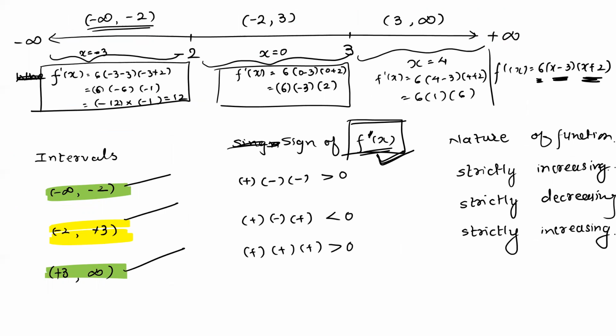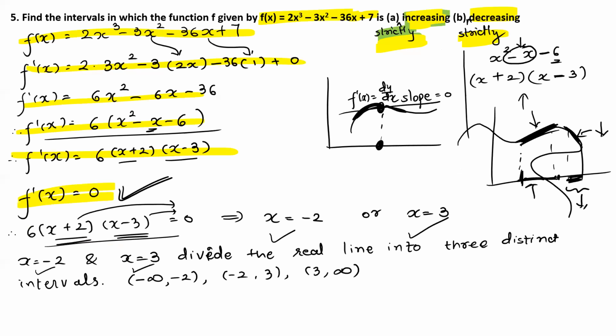If f'(x) is negative, your function is strictly decreasing. But if it is greater than or equal to 0, or less than or equal to 0, then it is only increasing or only decreasing. Strictly means the greater than or equal to sign would not come. So that's it for this fifth question.